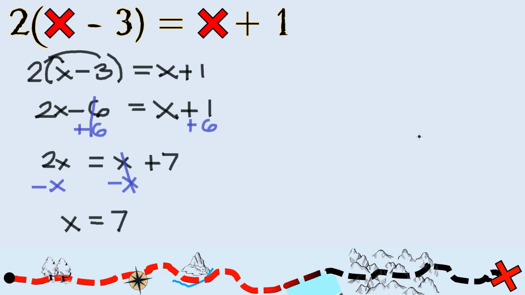Now, in checking, you might get tempted in using this equation here because some of us don't like grouping symbols. Like, say for example, this is what you're going to substitute, 7 here and 7 there. Okay, but I'm suggesting, and it's very important to know, that when we check, we always use the original equation. Why? Now look at our second equation, 2x minus 6 and x plus 1.